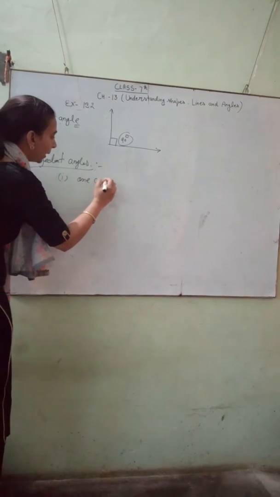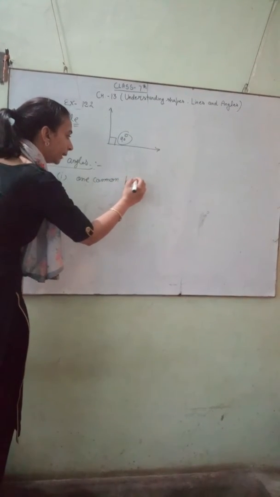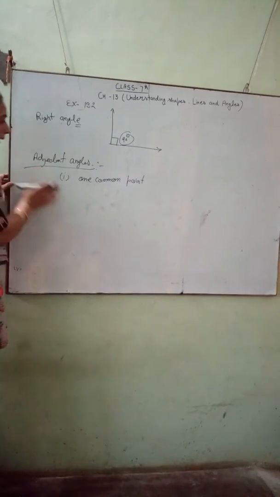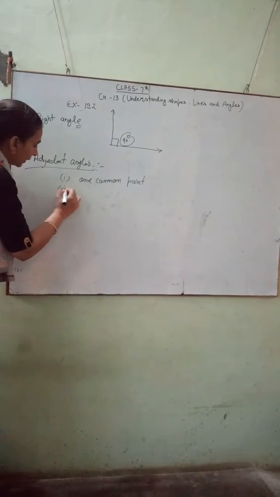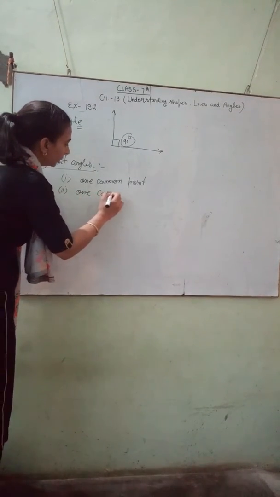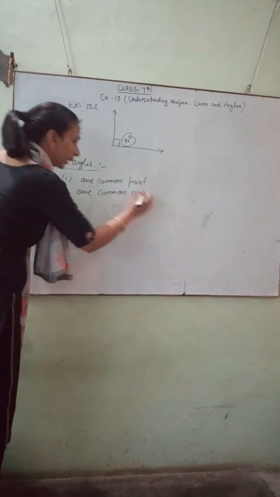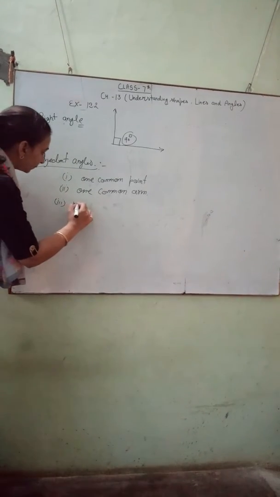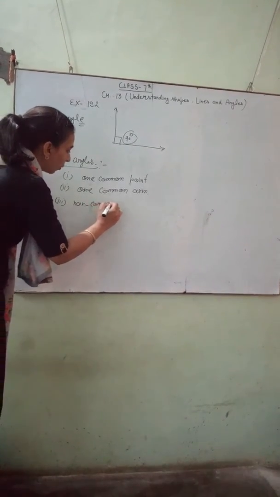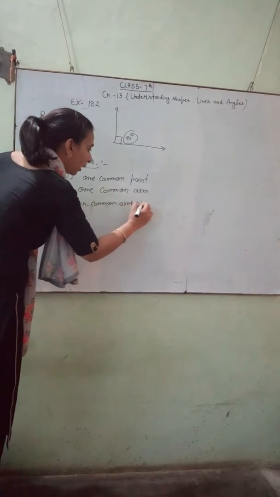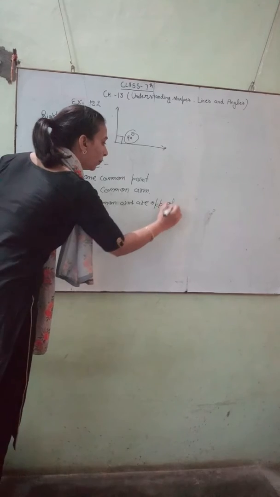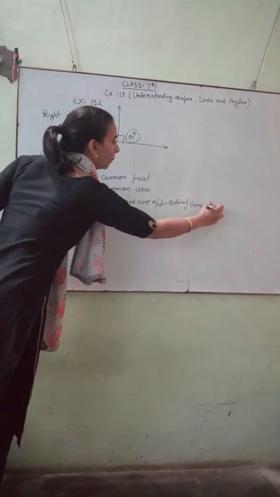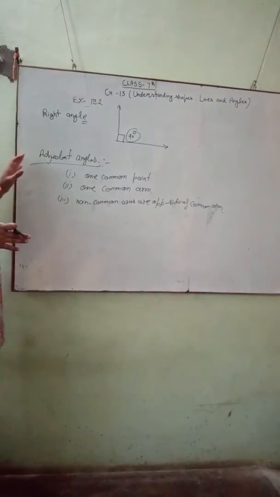One common point between two angles is the first condition of adjacent angles. For the second condition, there is one common arm, and the non-common arms are on the opposite sides of the common arm.